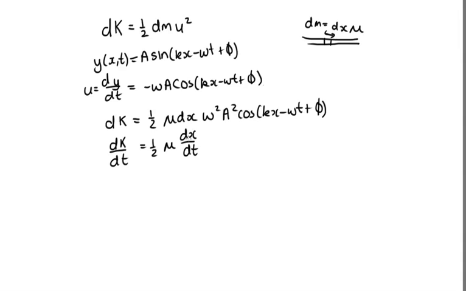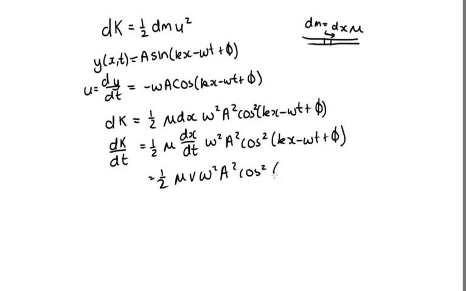Doesn't matter which term we divide, but you'll see why we choose this one in a minute. ω² A² cos²(kx − ωt + φ). And now dx/dt, that's how quickly this wave is travelling in the x direction, so that is v. So that is equal to a half μ v ω² A² cos²(kx − ωt + φ).